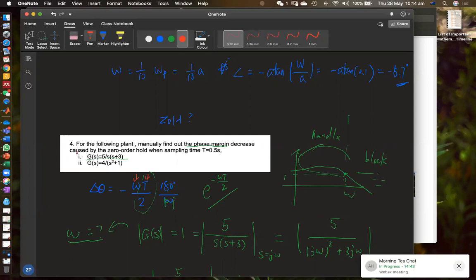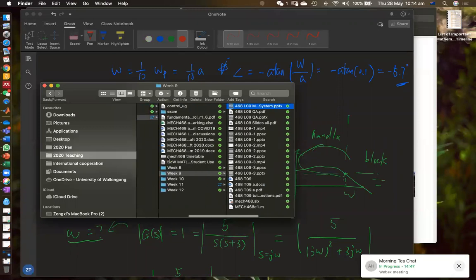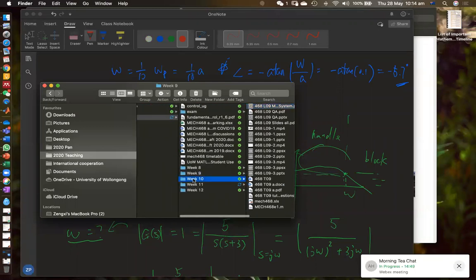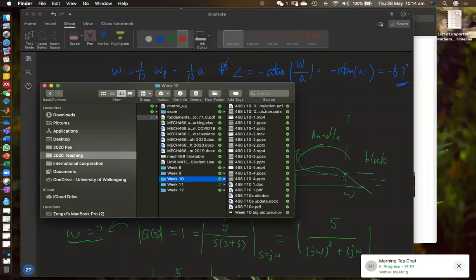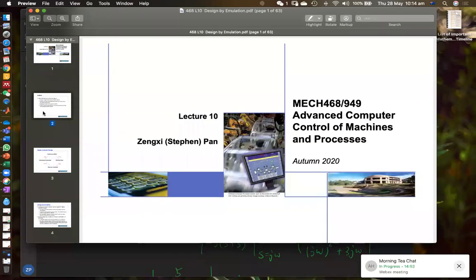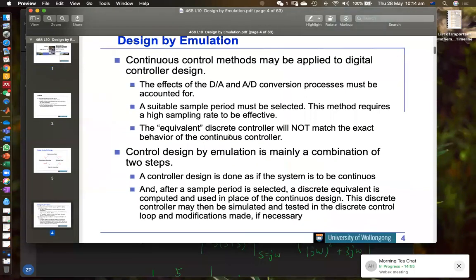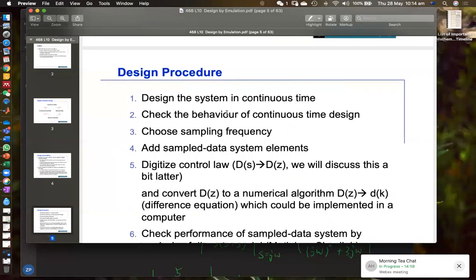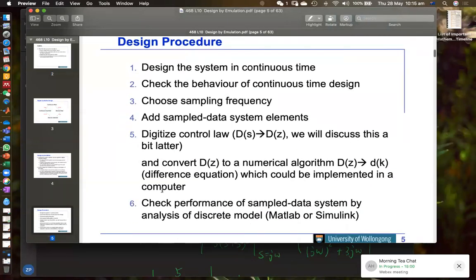Okay, so the topic covers week 10. So it's from here. These steps. Okay, let's go through one example of these steps.